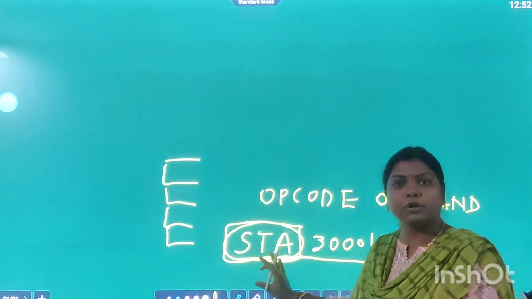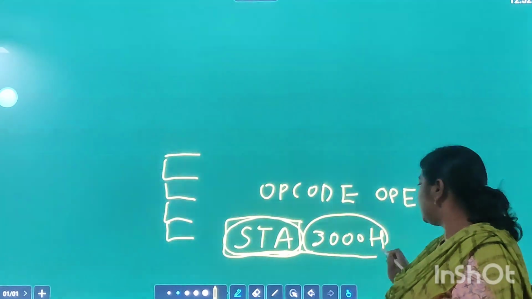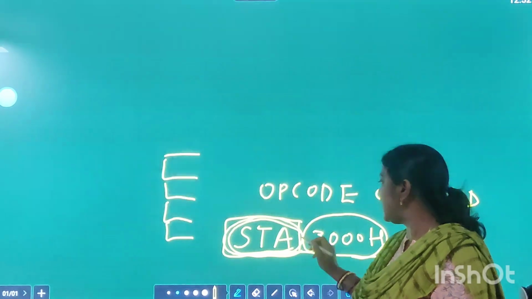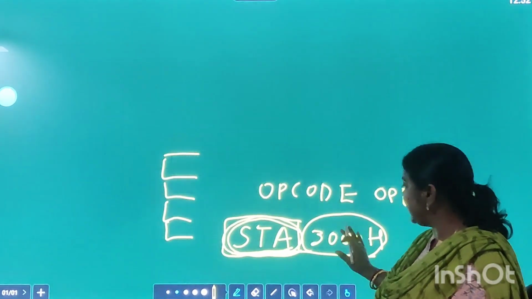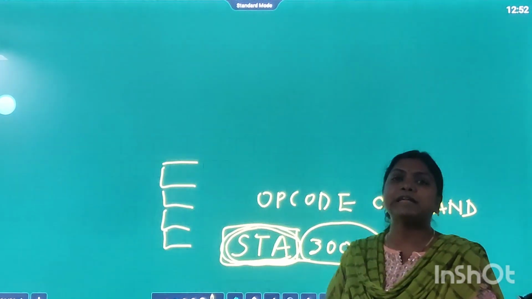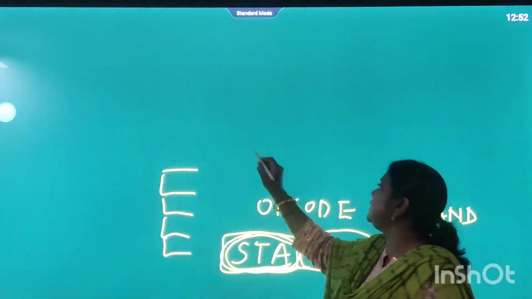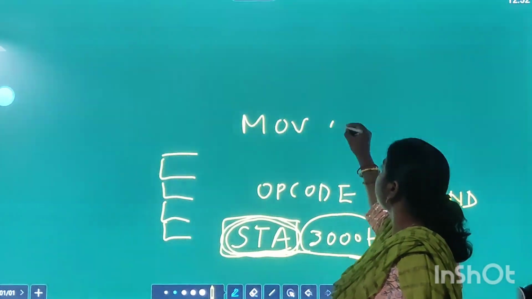This is the store operation. So where to store? At the 3000 memory location. So this is the opcode and this is the operand. As this is the direct address of the operand, this type of addressing is called direct addressing mode.